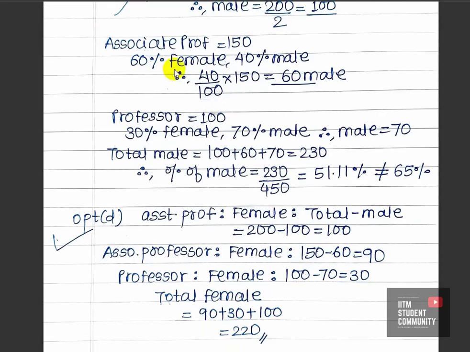For associate professors, the total is 150, 60% female, 40% male. Therefore, the number of male turns out to be 60. The total professors are 100, in which there are 30% female and 70% male. Therefore, the number of male turns out to be 70. So, when we add the total male, 60 plus 70 plus 100 turns out to be 230.